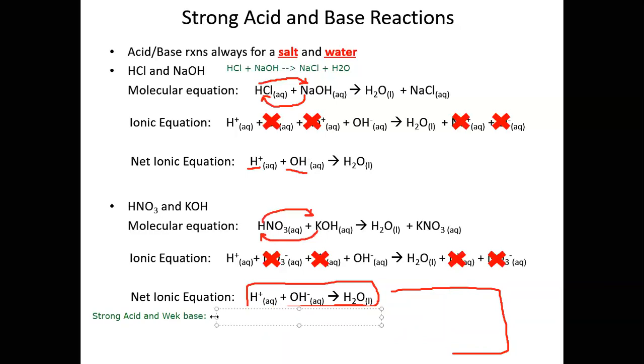Let's say we react HCl plus NH3 gives us NH4+ plus Cl-.